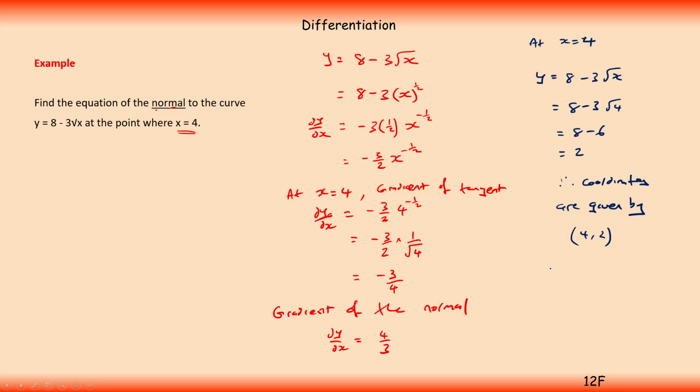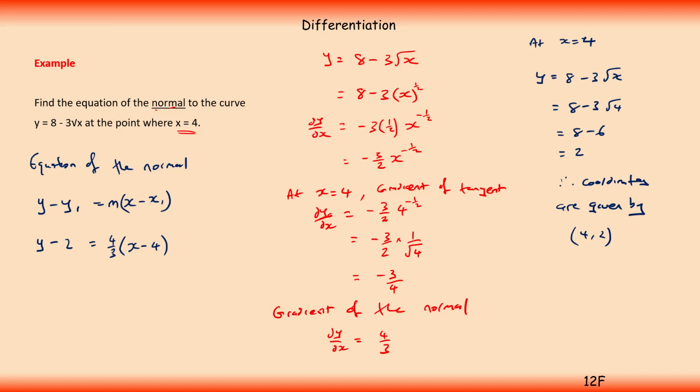And so our final bit then is to find the equation of the normal, and we use our formula for the equation. I'm just going to do that over here. We've got our equation, which is y minus y1 is equal to m, the gradient, times x minus x1. So subbing in, y minus 2 is equal to our gradient 4 over 3 times x minus 4.